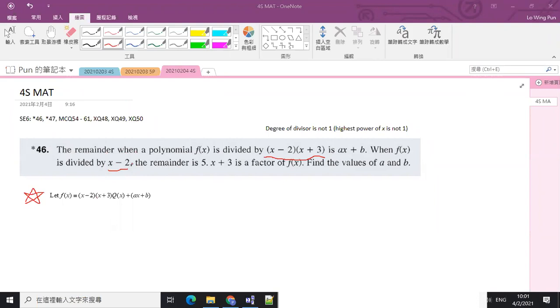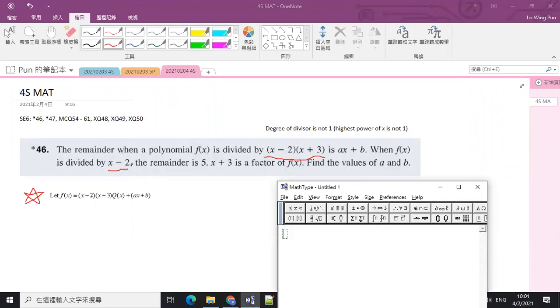What is the remainder when f(x) is divided by x - 2? It is just f(2), right? But it is given that the remainder is equal to 5. So f(2) will be just equal to 5. Can you get this? But can we calculate it? Do we have a formula for calculating f(2)?